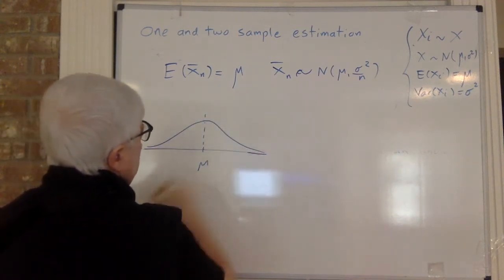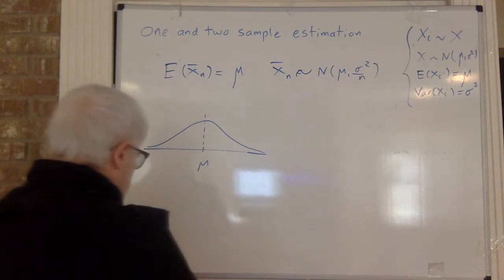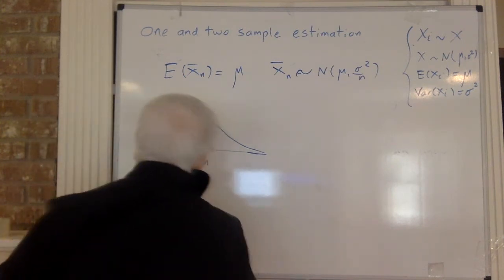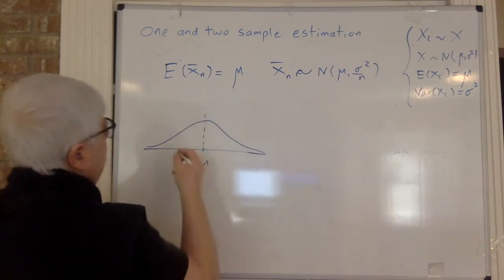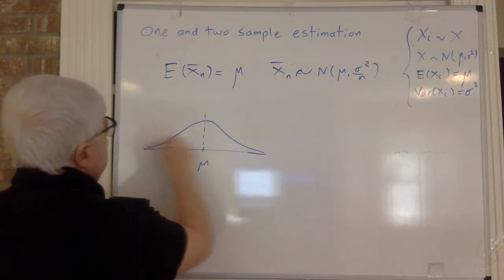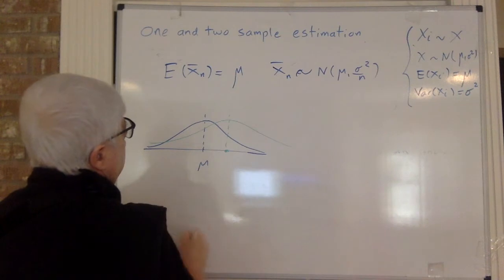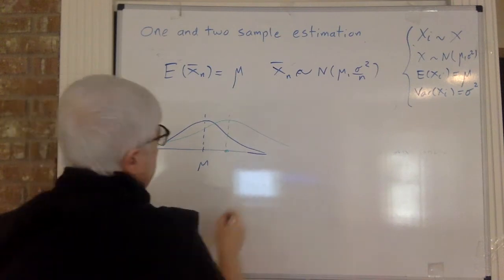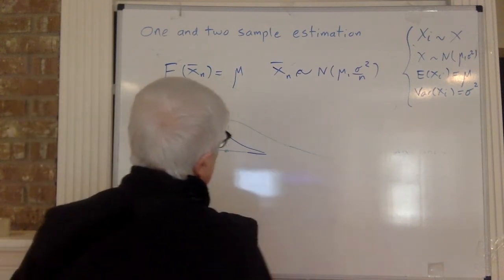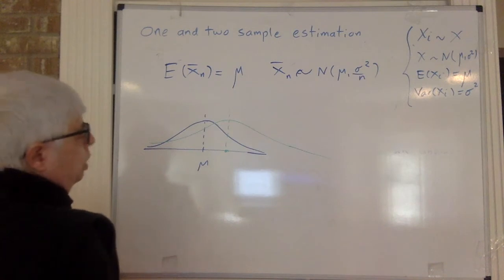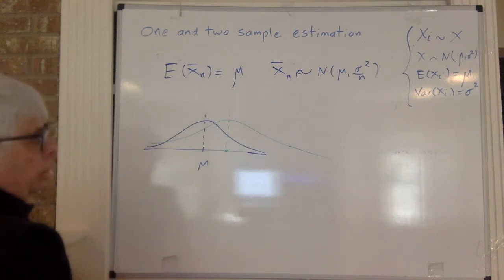So this is unbiased. But if I have a distribution for some estimator, not mu, something else, and the distribution looks like this, say, and the expected value is somewhere here, then that's not unbiased, that's biased.